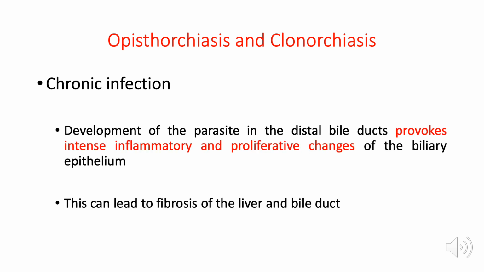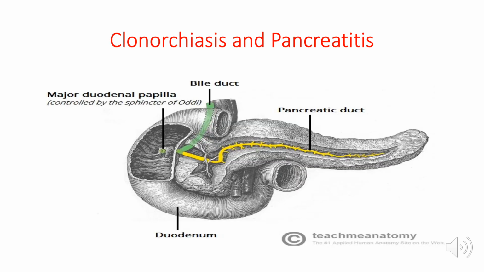Aside from the bile duct obstruction, these worms can cause chronic inflammation in the bile duct, causing now fibrosis. Do you know that there are already reported cases of pancreatitis secondary to Clonorchis infection because of the invasion of the worm of the main pancreatic duct?